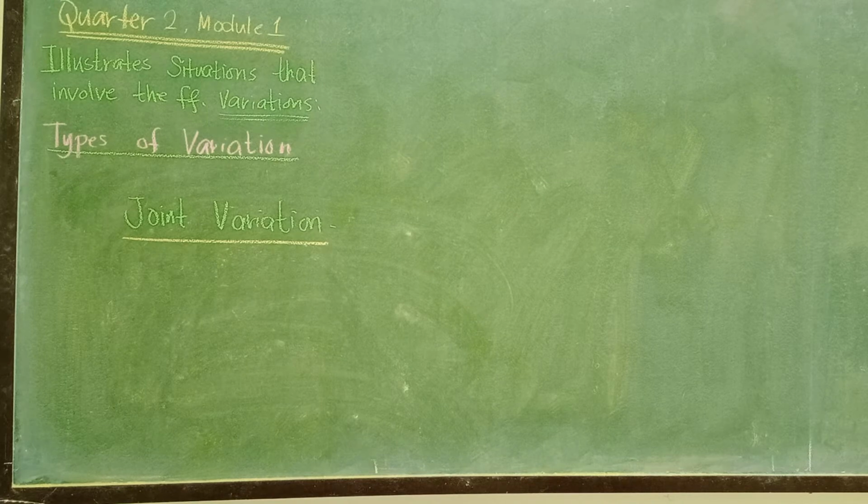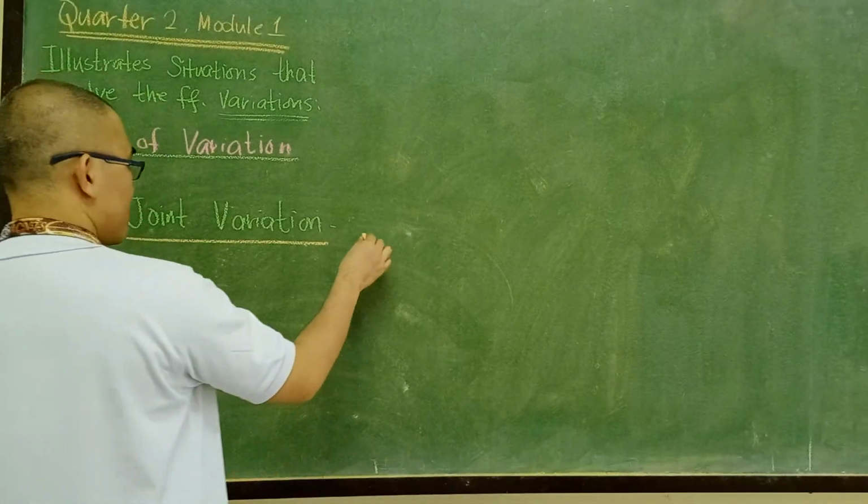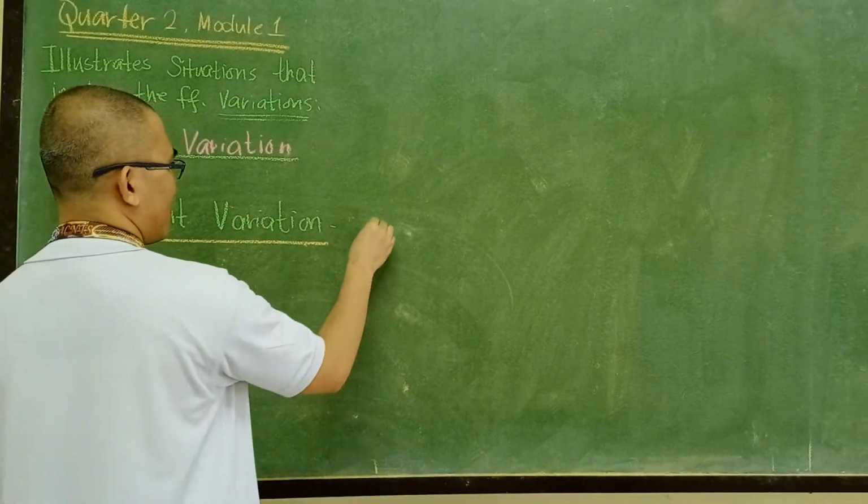So, dun sa direct variation, yung value ng x and y tumataas. Sa inverse variation, yung value ng x tumataas, yung value ng y bumababa, or inversely. Sa joint variation, para siyang direct variation pero meron kang additional letter.